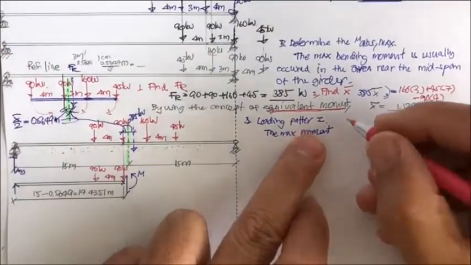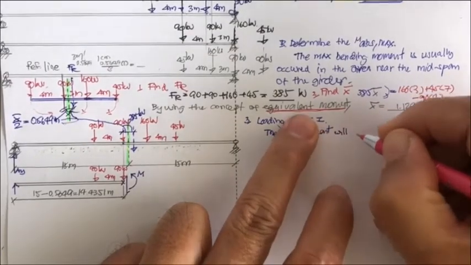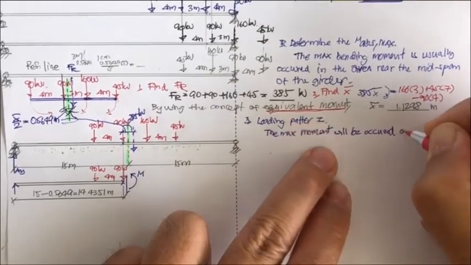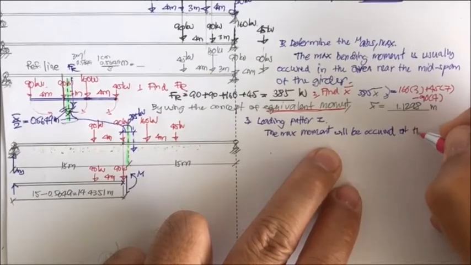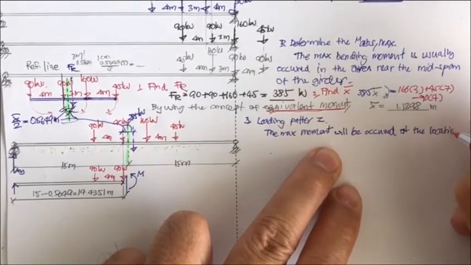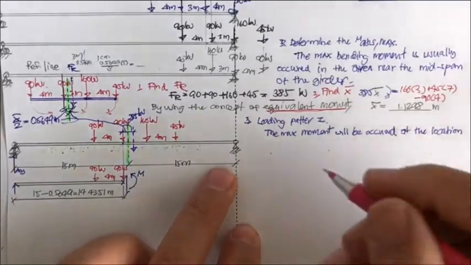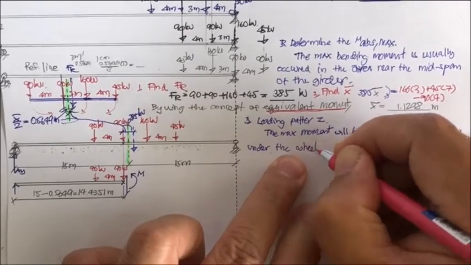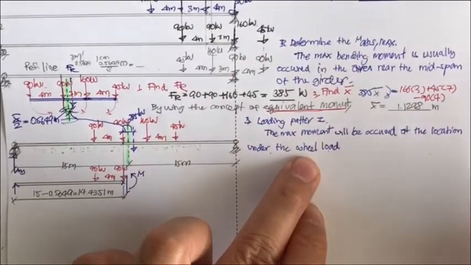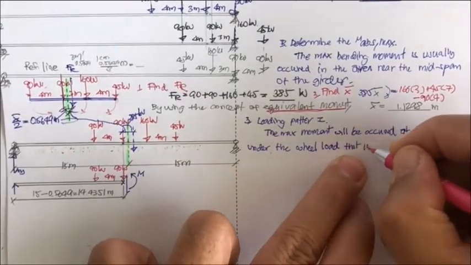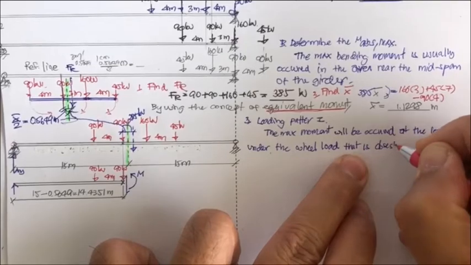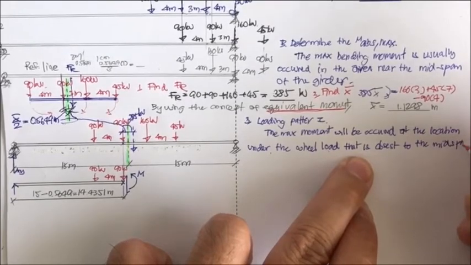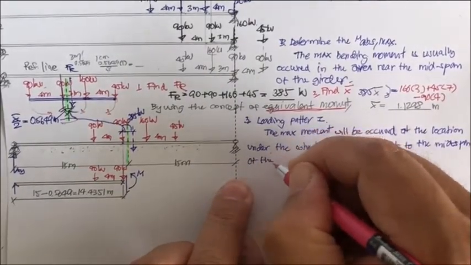The maximum moment will occur at the location under the wheel load that is closest to the midspan of the girder.